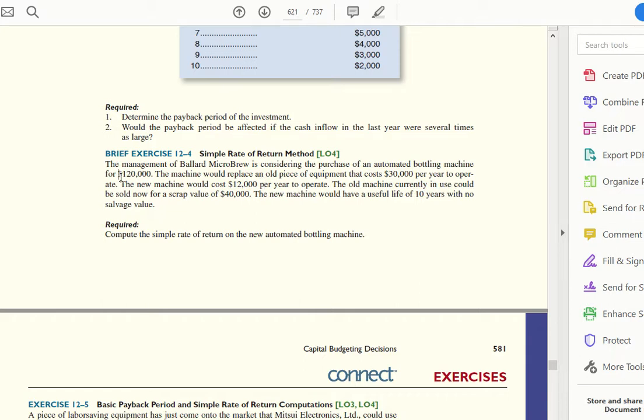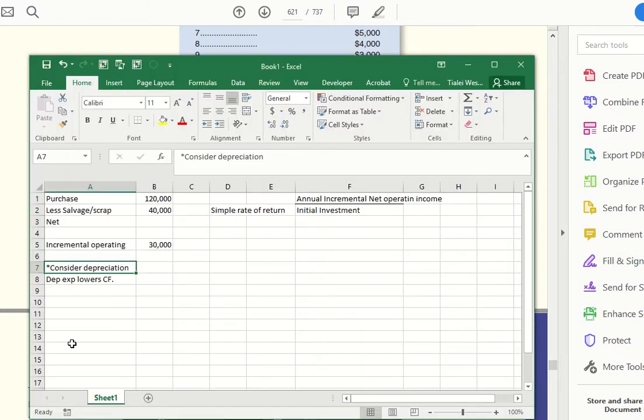So this machine is depreciated from $120,000 over a 10-year life, right? So yes, we do have the difference between those cost savings, but we also have to take out depreciation, and that will be our annual incremental net operating income, the cost savings minus the depreciation. So let's see how that will work out.